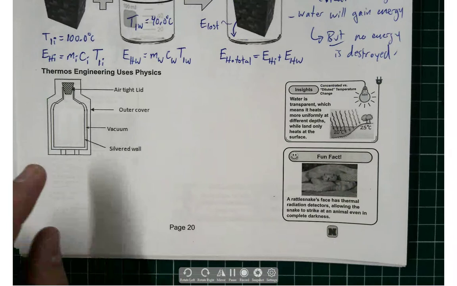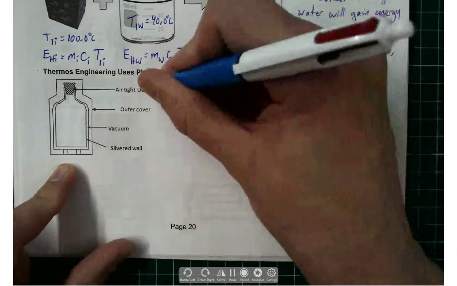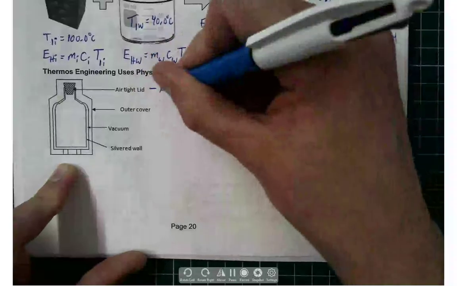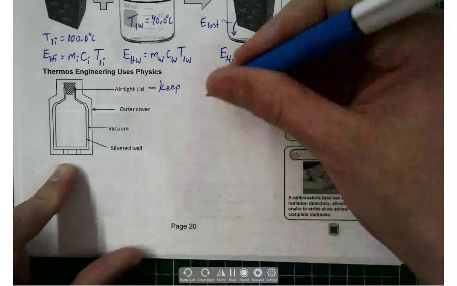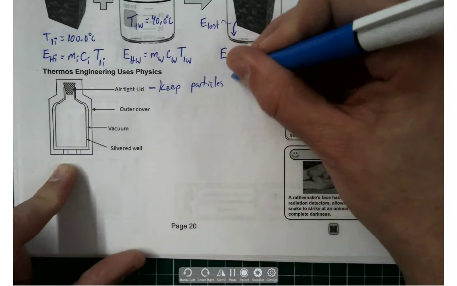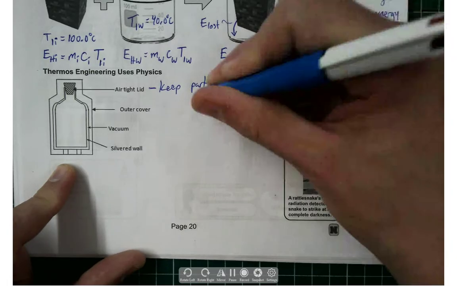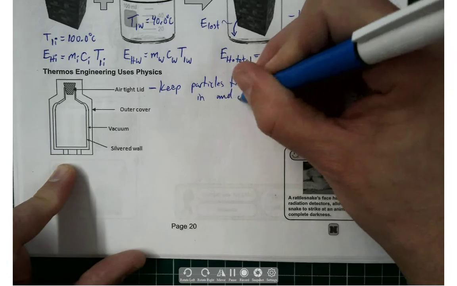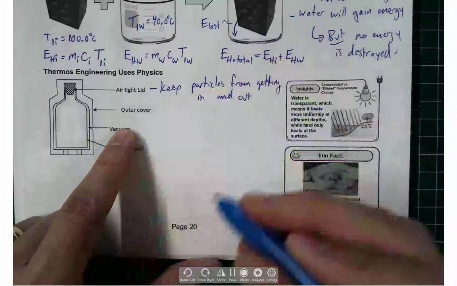In terms of how we keep a closed system, this is a thermos. You want to keep the lid tight because we're going to do an experiment at some point. These are some things we want to think about. Keep particles from getting in and out. We want to have an outer cover, keeps radiation from entering.